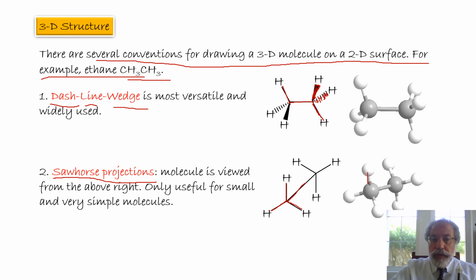Carbon, carbon, single bond. The one in the back will be this way, in front this way, and this one will be the one on the line. This is a line. But it's not really so popular to use this projection, only for small and very simple molecules.